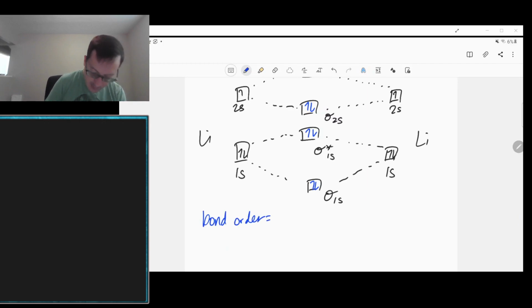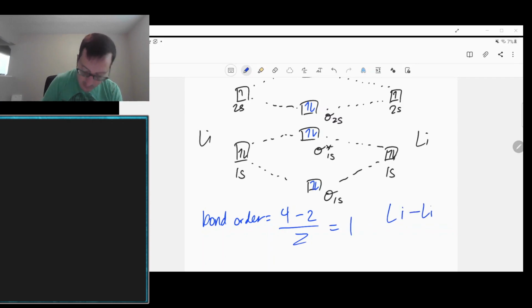Bond order: bonding minus antibonding. So we have 4 bonding electrons, 2 of them in sigma 1s, 2 of them in sigma 2s, so 4 altogether, minus 2 that are in sigma star 1s, divided by 2 equals 1. So we would expect that lithium could form a single bond with itself. So we have this as a potential option.